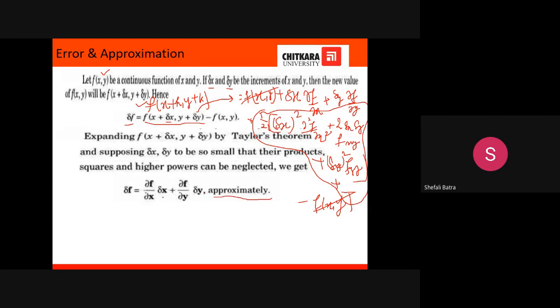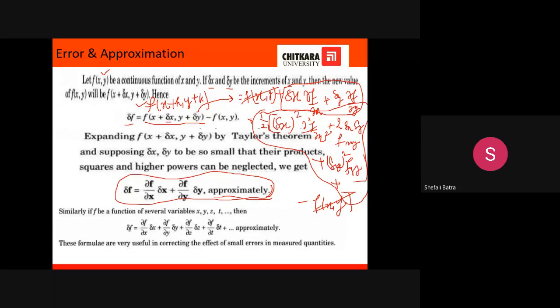If your delta x is 0.01, it is obvious that its square would be a very, very small number and its cube would be a very, very small number. That is why we are ignoring all these terms and considering only this term. So the error in the function is given by curly f by curly x into delta x plus curly f by curly y into delta y approximately. So this is the formula for error in a function.